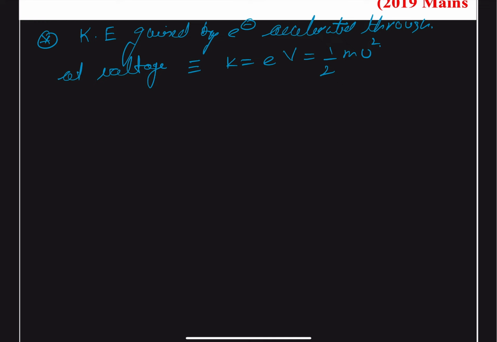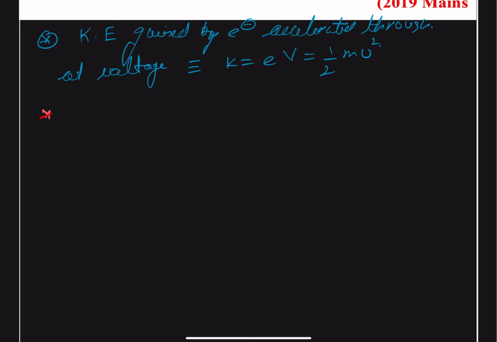And we can say magnetic force, as in the presence of a magnetic field, the charge will be moving in a circular path, so the magnetic force is going to provide the necessary centripetal force.